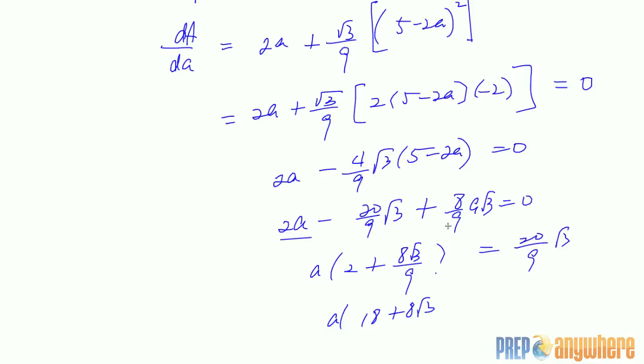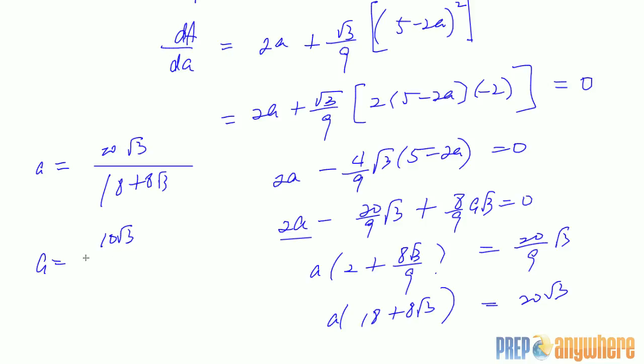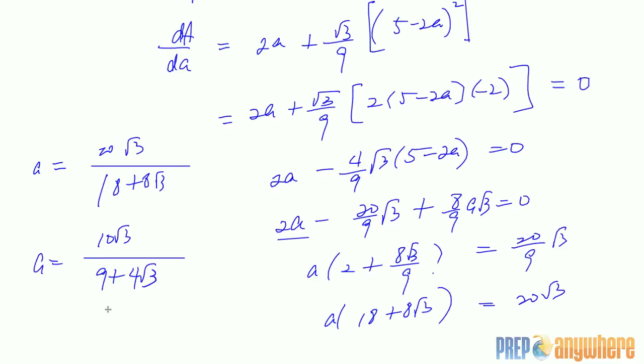There's no a there, right? And here you get 20 root 3. So finally, a is not a nice number. 20 root 3 all over 18 plus 8 root 3. So that's what a should be.